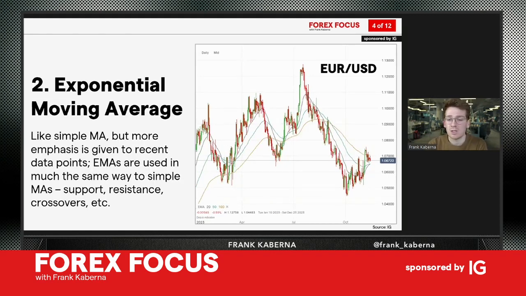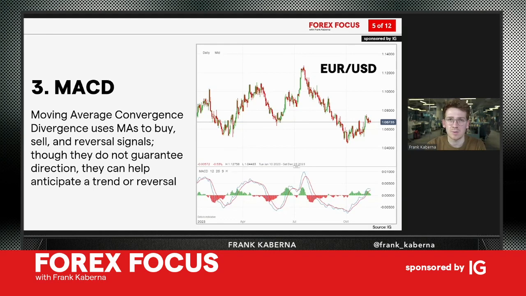Exponential moving averages, very similar concept, but they do give more weight to recent data points. And again, you can use them for support, resistance, crossovers, and everything else. Very similar in there.